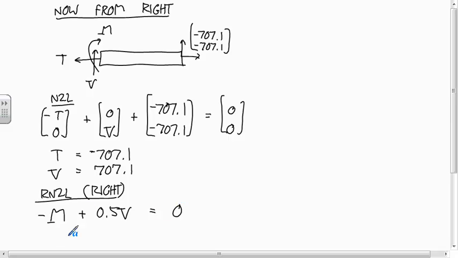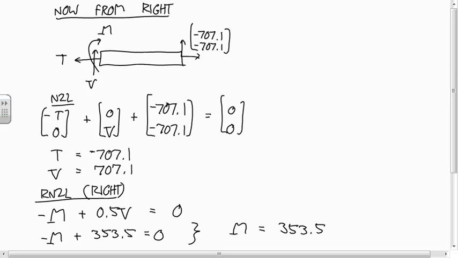And so we get that negative M plus 353.5 is equal to 0. And so M is equal to positive 353.5.